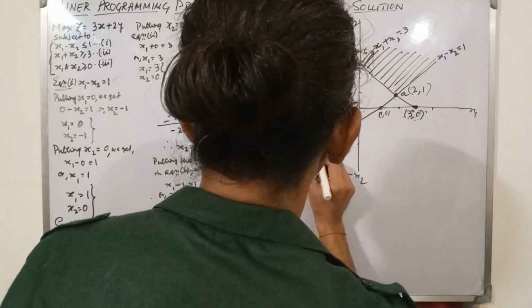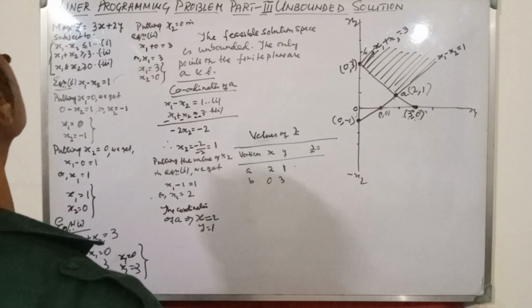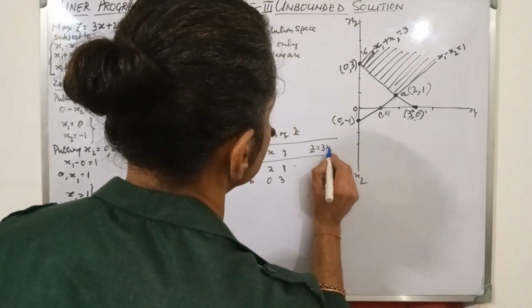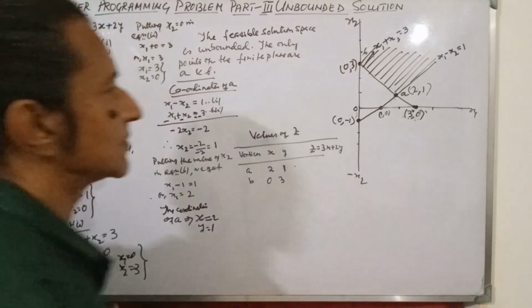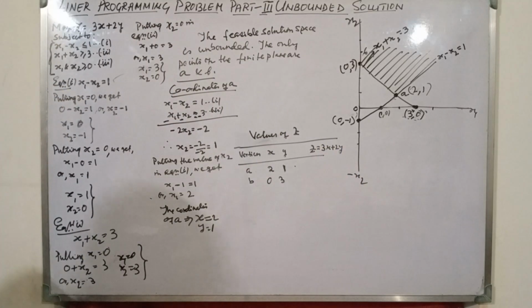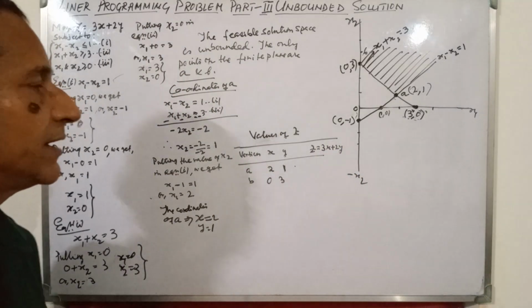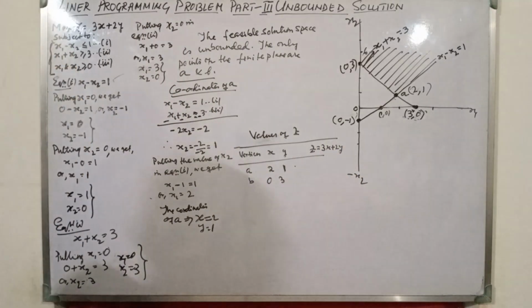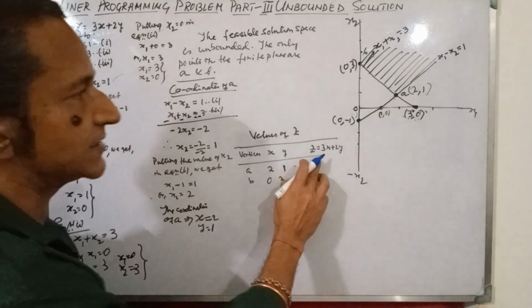So Z equals 3x plus 2y. We have made a table consisting of 4 columns: vertices, value of x, value of y and value of z. Z is equal to 3x plus 2y.